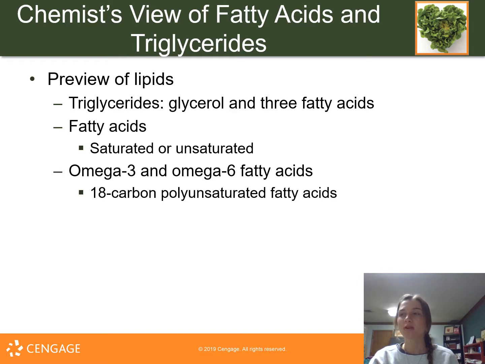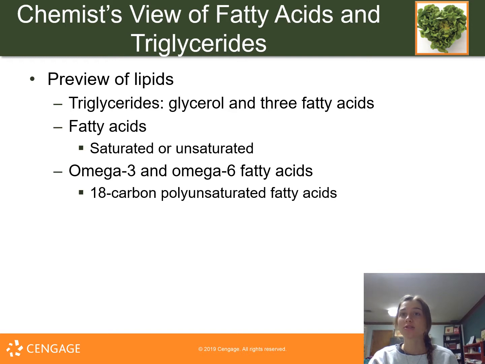A 12 to 24 carbon chain is going to be a long chain. Those are the fatty acids normally found in meats, seafood, and vegetable oils. But there are medium chain, which is 6 to 10, or short chain, which is anything lower than 6, that occur primarily in dairy products.